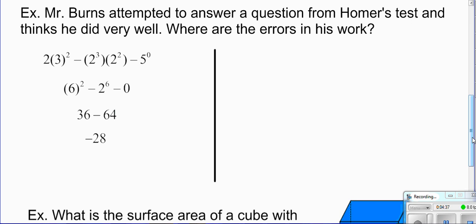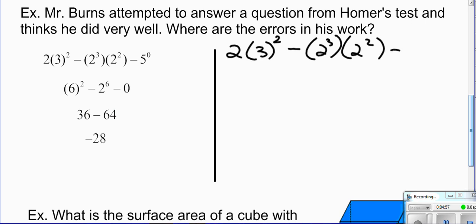Quite often, if you just look at their work and then solve it, you will actually make the same mistakes that they have done. So the best thing to do is kind of cover up their work, write out the question for yourself, and try solving. So 2 times 3 squared minus 2 cubed times 2 squared minus 5 to the power of 0.